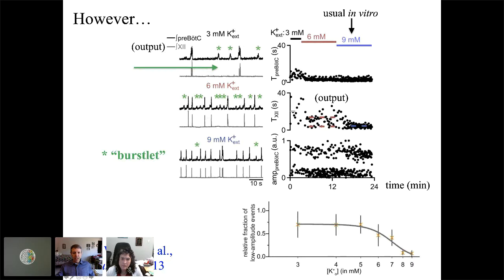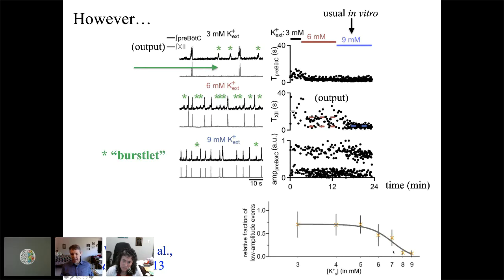And so you can see overall in the pre-Bot, the frequency of these events, whether burstlets or bursts, stays relatively constant over the different experimental conditions. But the hypoglossal output has very different periodicity depending on the potassium level. And likewise, the amplitudes of the events split into two clusters, the burstlet events and the burst events.